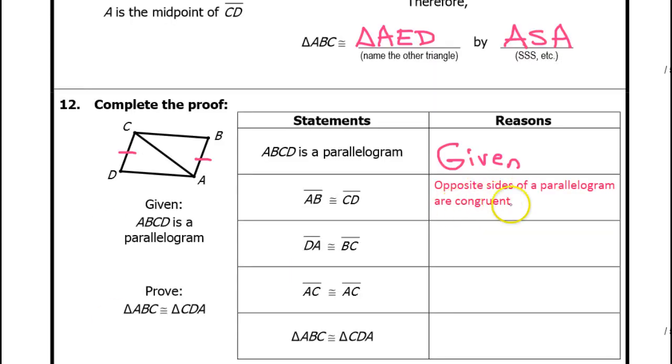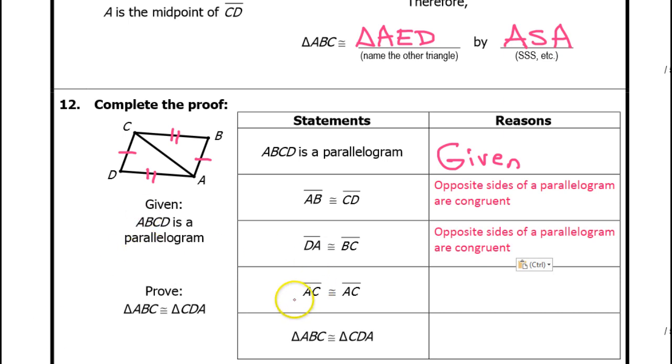Now, that's one of the properties of a parallelogram, but we should go ahead and spell it out like this. Opposite sides of a parallelogram are congruent. So, similarly, segment DA will be congruent to segment BC for the same exact reason.